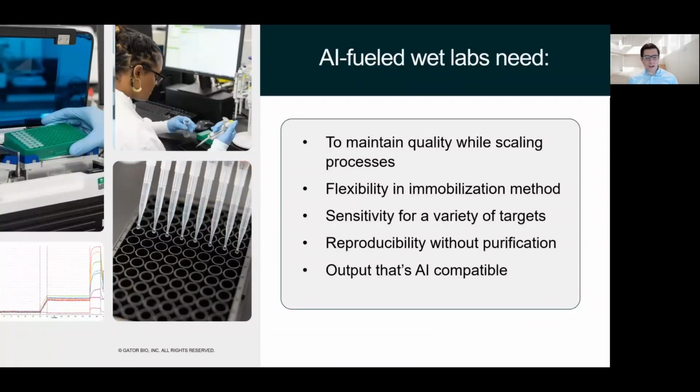You also need sensitivity. You need to be able to observe the interactions of very small peptides or nanobodies or similar constructs, because a lot of targets aren't the large proteins we used to target, but are much smaller. This also means you need output from the data you generate that can be fed back to the AI to train it and make it better at its job.